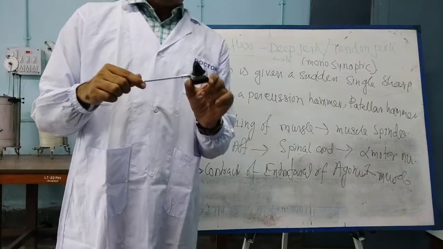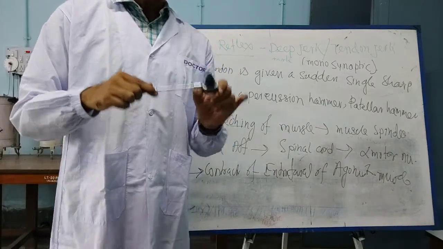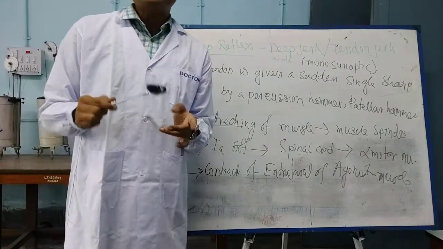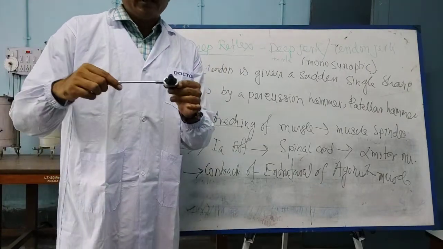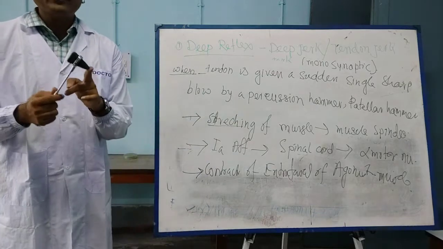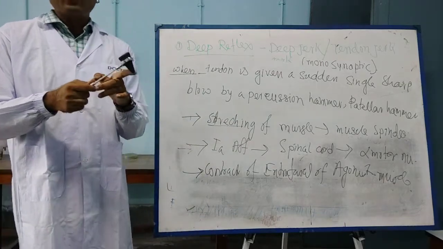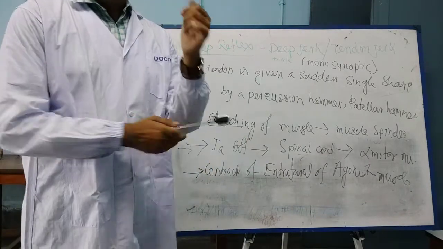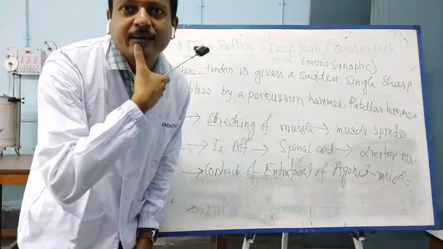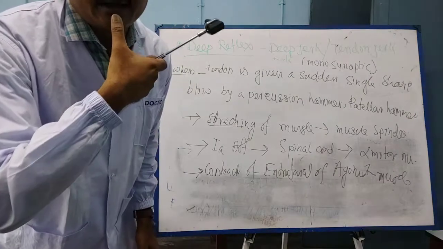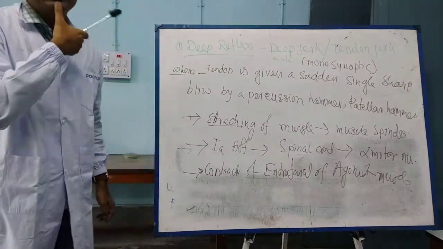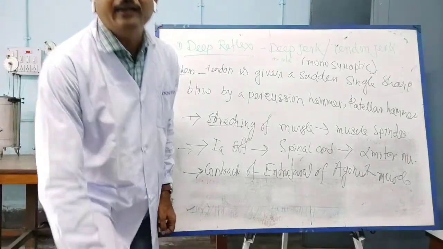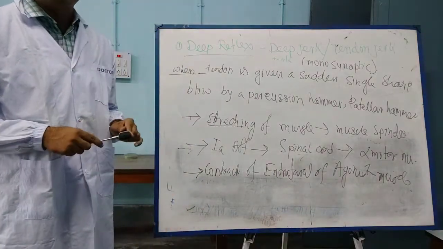The broader end is used for eliciting the reflex of broad tendons like tendo-Achilles or the tendo-calcaneus, and the sharper, pointed end is used for other tendons like the biceps tendon, triceps tendon, the jaw jerk, and also the patellar tendon.